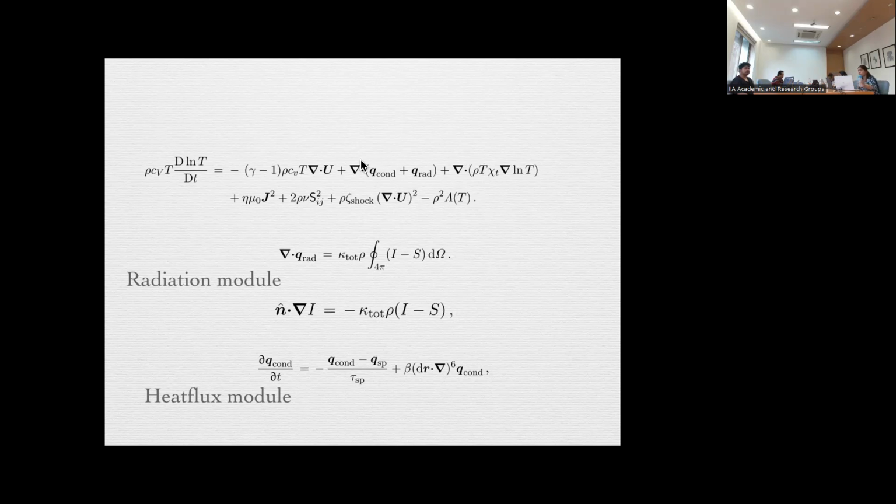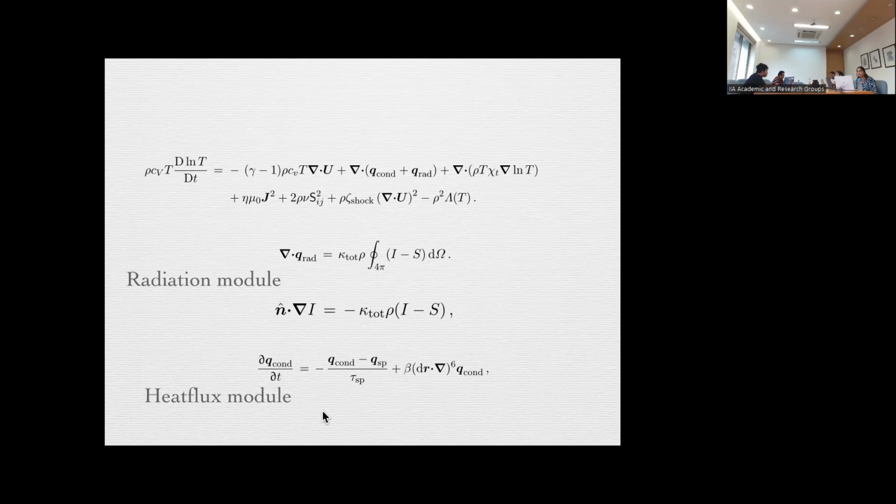And for thermal conduction, for example in the solar corona, you have the Spitzer conductivity. So we use what is known as a heat flux module. It is basically a way to go around the small time steps that come into play because the conduction term is really very large.